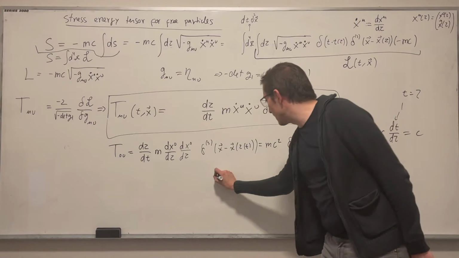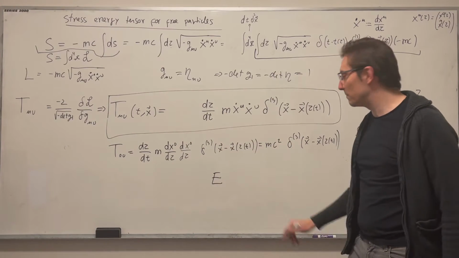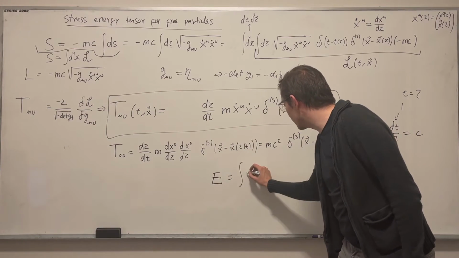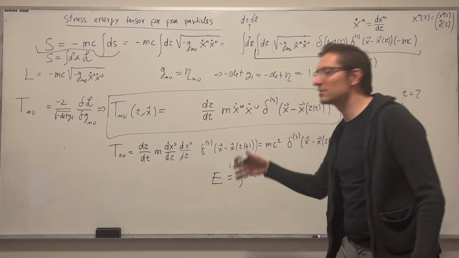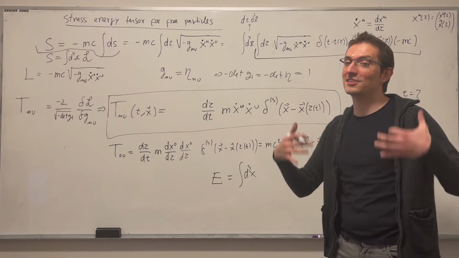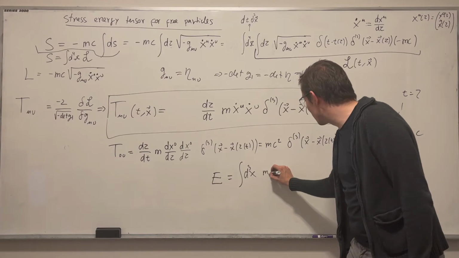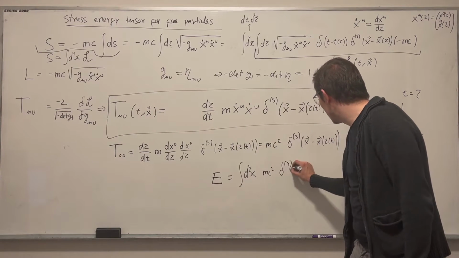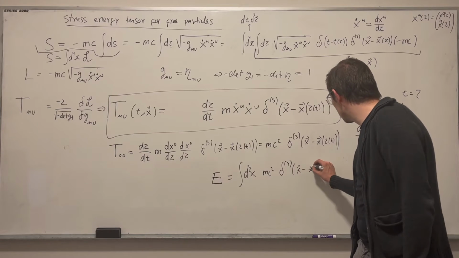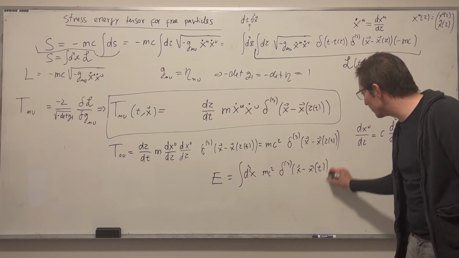Indeed, the total energy in that frame of the particle is equal to the integral over space of the stress energy tensor. Now you understand why I keep calling it the stress energy density all the time. Integral over the whole of space of mc squared delta 3 of x minus x of the trajectory. Let me abbreviate it as x of t, all right?